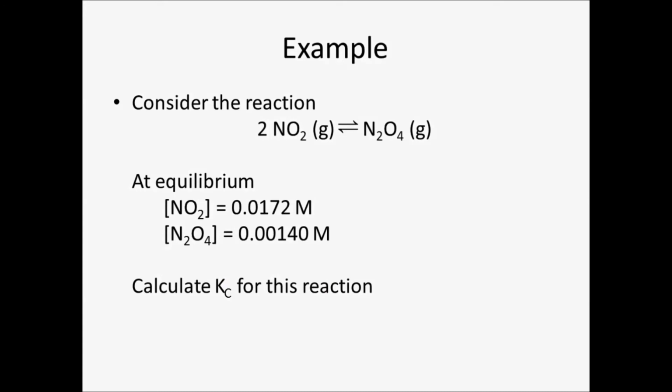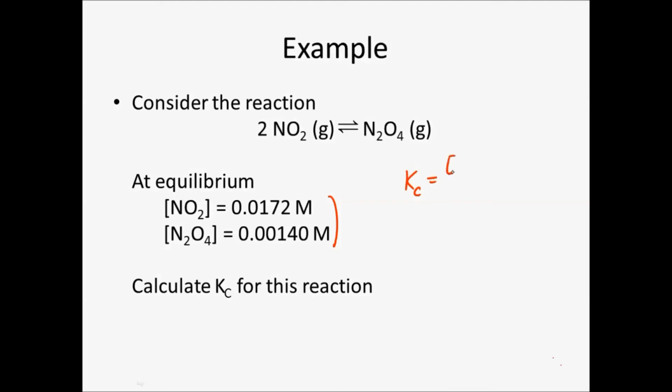So let's try and do this numerical problem. Consider the reaction of two molecules of nitrogen dioxide reacting to form, in an equilibrium process, dinitrogen tetroxide. And at equilibrium we have these concentrations. So first we need to write out the expression for the equilibrium constant, Kc.